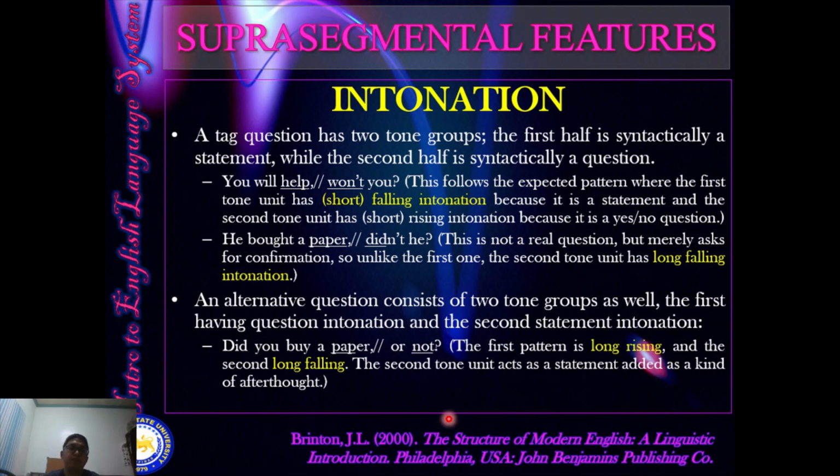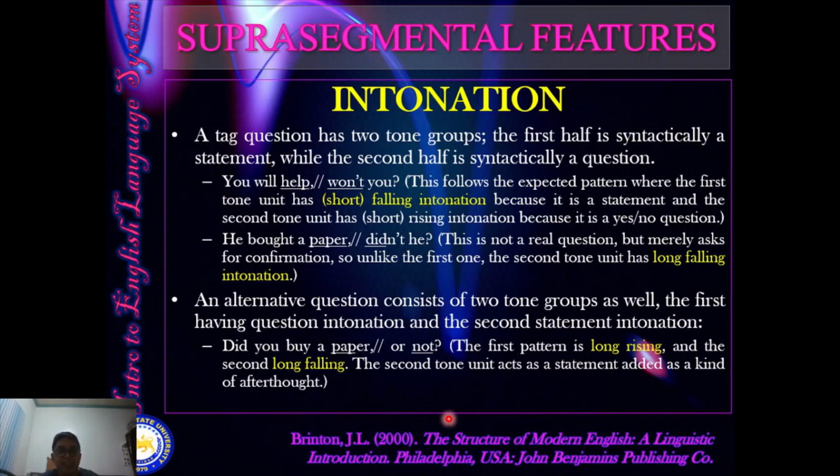Now, there is also the tag question class, which has two tone groups. The first half is syntactically a statement, while the second half is syntactically a question. For example, you will help, won't you? Again, you will help, won't you?